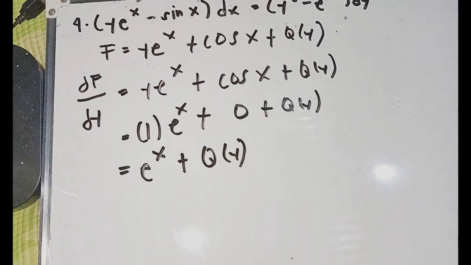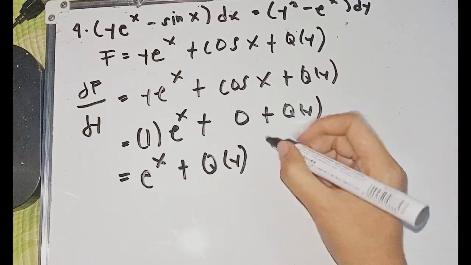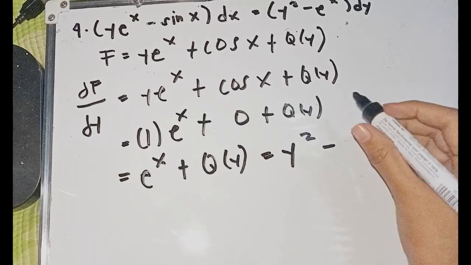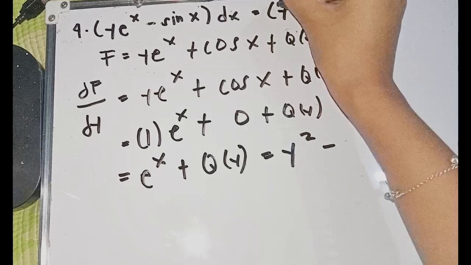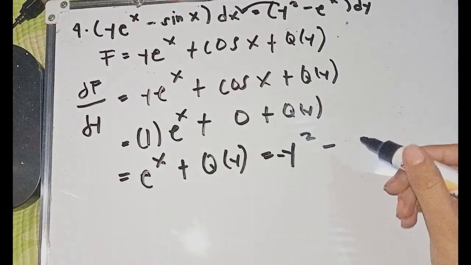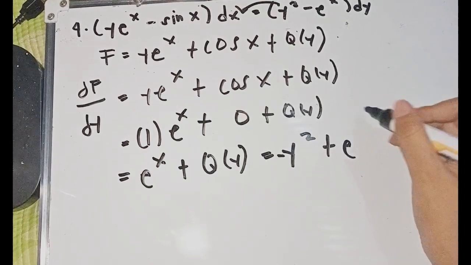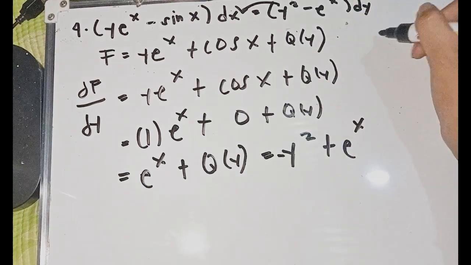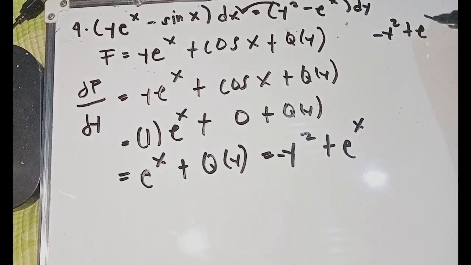So now we can input our N. Our N is negative y squared plus e^x, negative because of the transpose.